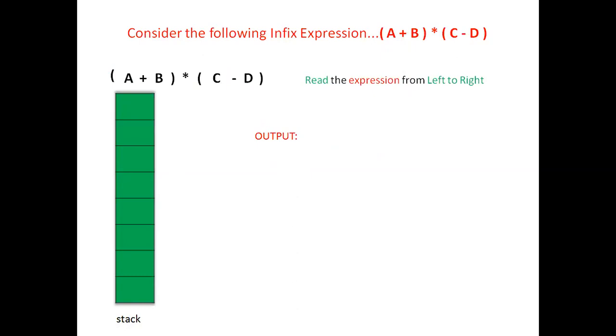Now if we start from left to right, first we get a left parenthesis. The scan symbol is a left parenthesis, so simply push it into the stack. Next we have variable a. The scan symbol is an alphabet or variable, so simply print it on output.